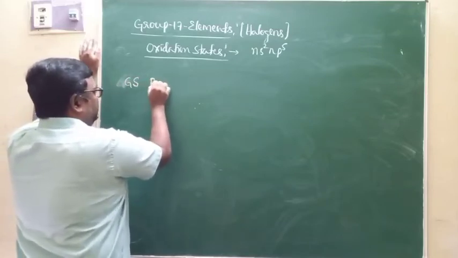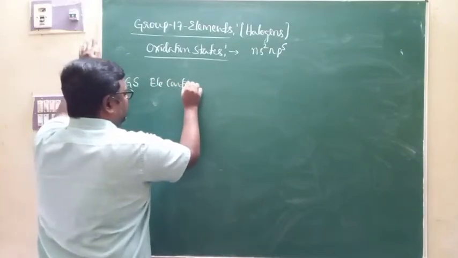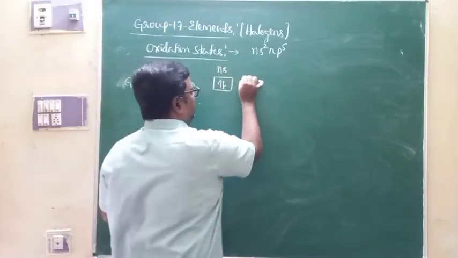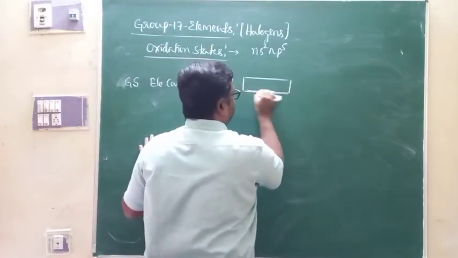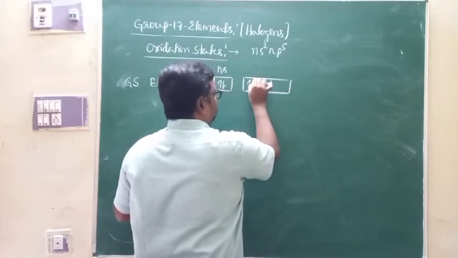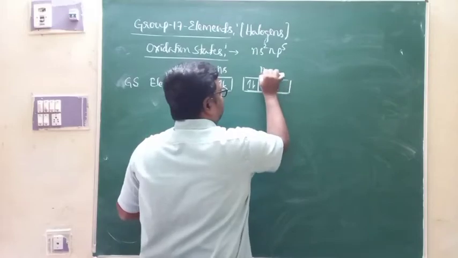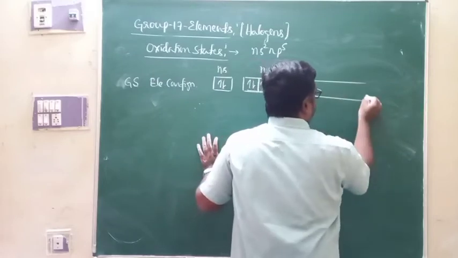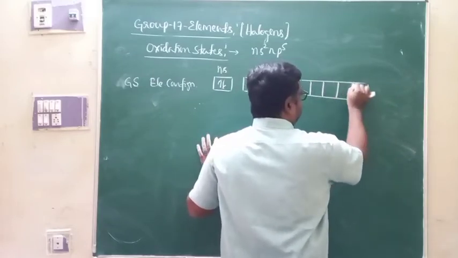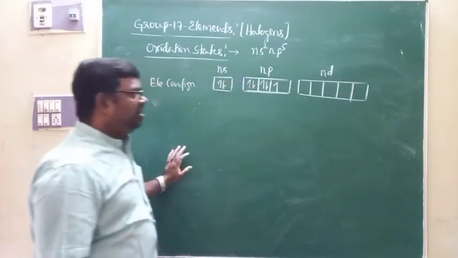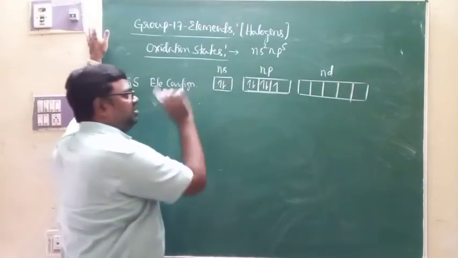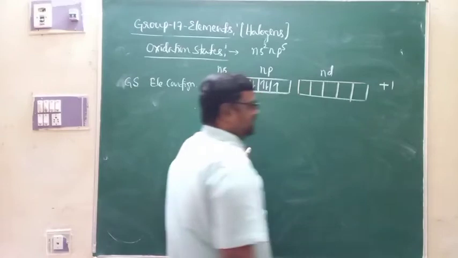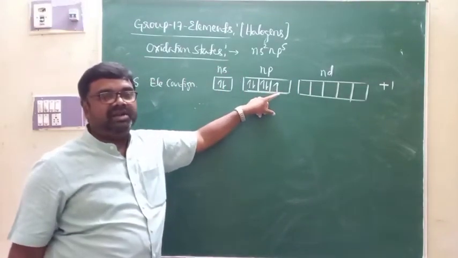The ground state electronic configuration of group 17 will be ns2 with 2 electrons, and np5, np is characterized by 5 electrons, that is, 5 electrons in np subshell according to Hund's rule. Then we have nd also, and of course d subshell is not available in the case of fluorine. Except fluorine, all elements will have d subshell. This is the electronic configuration, and due to the presence of one unpaired electron, I can expect +1 oxidation state. That unpaired electron can be shared with other species.